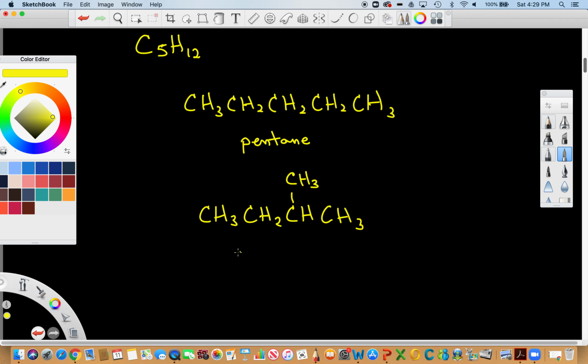This is now 2-methylbutane, but it is still C5H12.